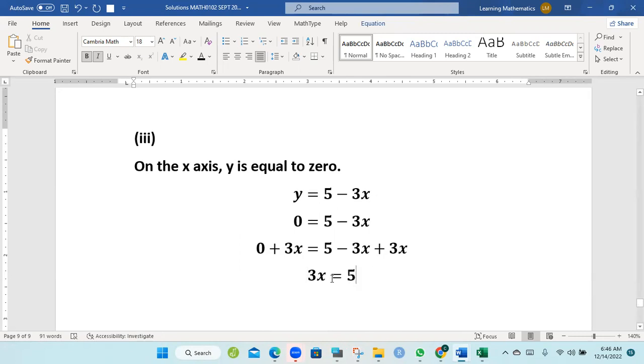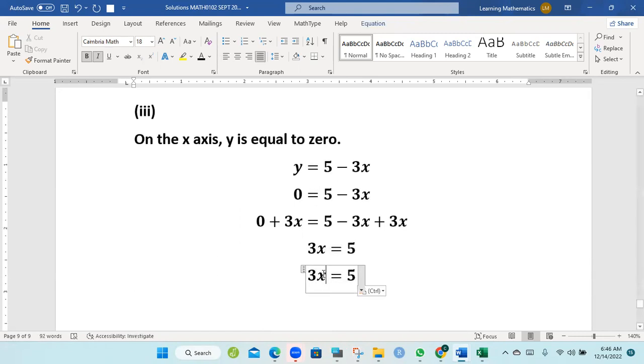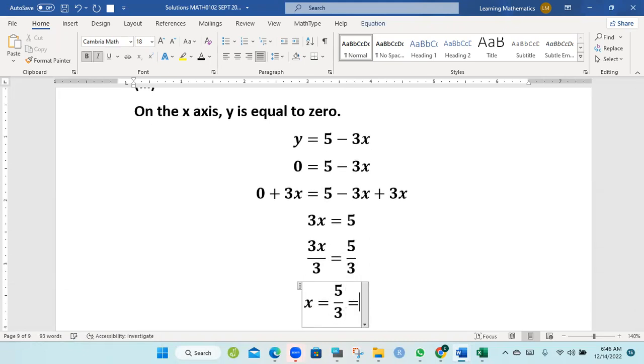And now we're going to divide by 3 on both sides. So if we divide by 3 on the left, we have to divide by 3 on the right. So we're going to have x is equal to 5 over 3. So the x-intercept is equal to 5 over 3, which is equal to 1 and 2 over 3 as a mixed number. But you could have left it as a fraction, 5 over 3.